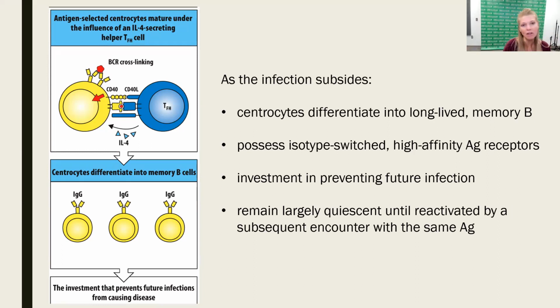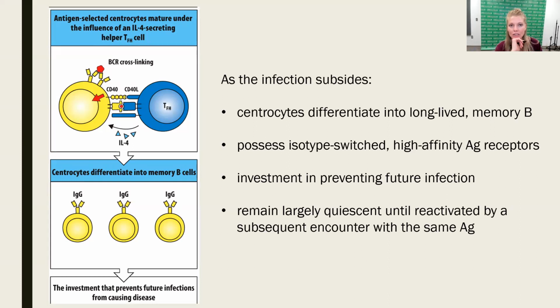They already have gone through affinity maturation, and so they have high affinity antigen receptors. That means that the investment that the cells put into making a high affinity B cell isn't lost. It's there for any subsequent exposure to the same pathogen.